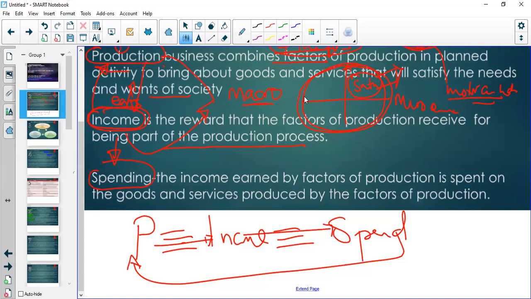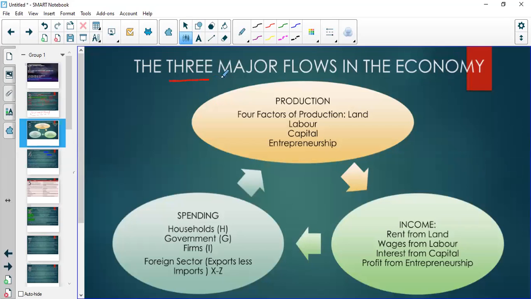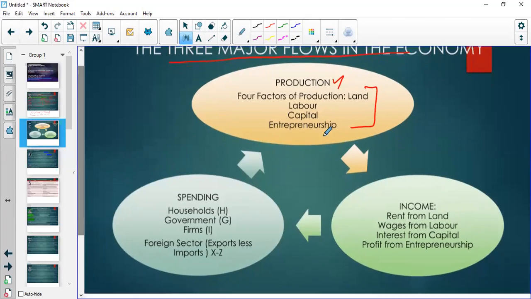Let us look at a diagram that gives us an idea of those. Those are the 3 major flows in the economy. You have production, and those are the 4 factors of production. From that production, you employ your factors of production, and then you get income from employing them: rent from land, wages from labor, interest from capital, and profit from entrepreneurship.